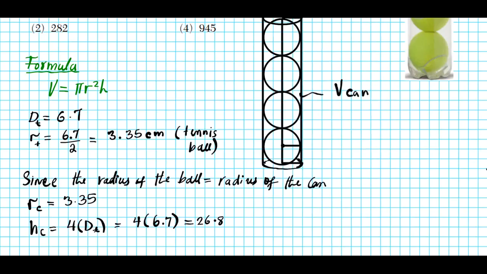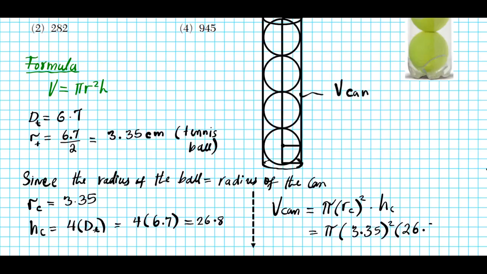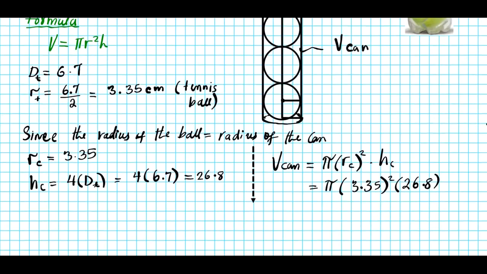Okay, so the volume of the can, let's refresh our memory, is pi r, radius of the can, squared. Okay, this is the area of the base multiplied by the height of the can. So we have pi times the radius of the can, 3.35 squared, times the height of the can, 26.8.